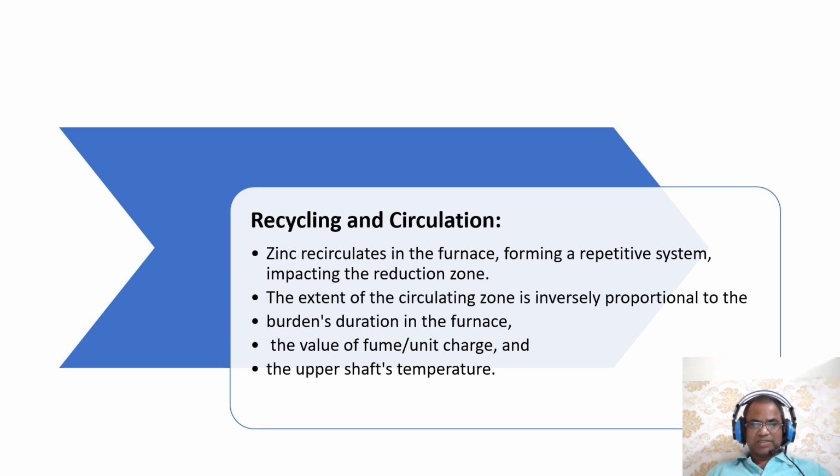Hence, the operator must look into all these three components while managing the recycle and recirculation of zinc in the blast furnace. Focusing on this recycling and recirculation phenomenon more closely will help in taking care of process upsets created in the blast furnace due to this activity.